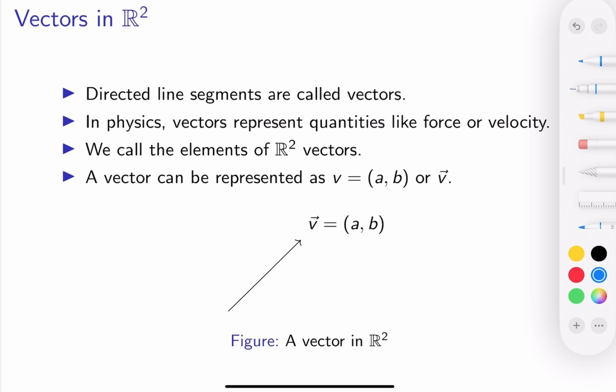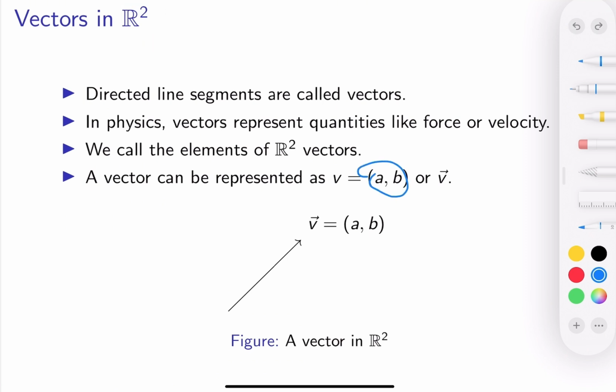In R2, as I mentioned, the elements are these AB, the tuples of real numbers. It's gonna be AB, and the set of such tuples is called R2.